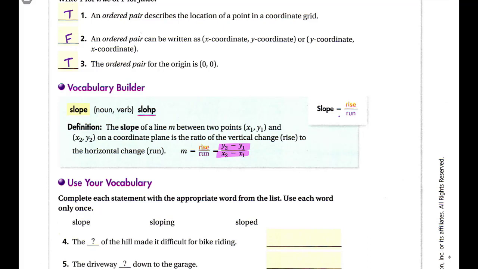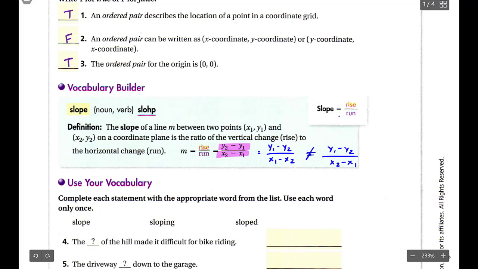I do know that sometimes people get that backwards, and the only thing I want to stress to you is that if you do get it backwards, do it consistently. So if you do y1 minus y2, the denominator has to be x1 minus x2. You can't flip one of them around and leave the other one alone. That would not be the same as, let's say, y1 minus y2 over x2 minus x1.